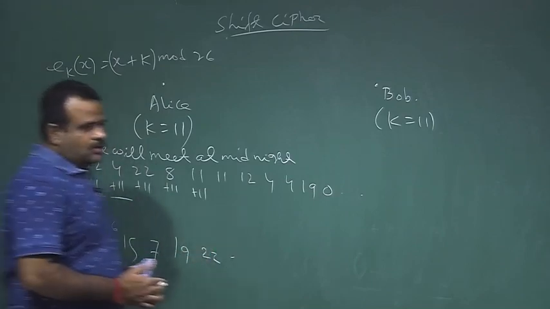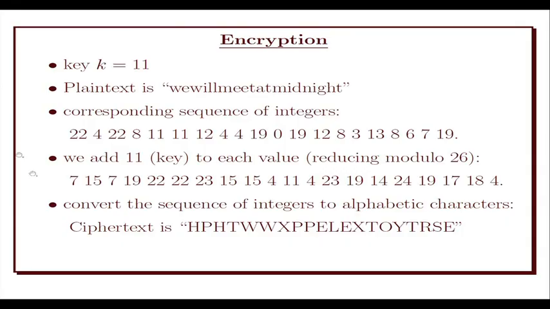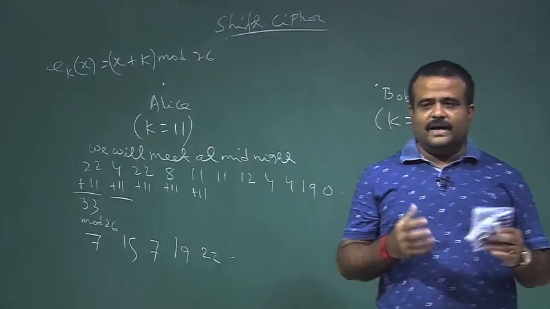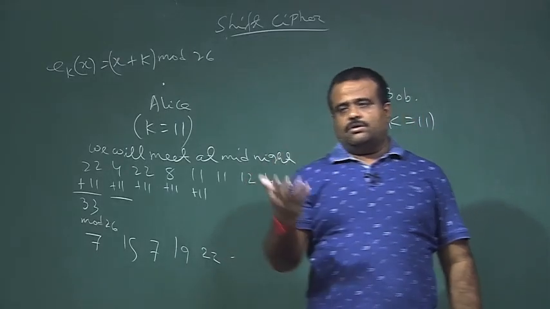So, this is the way we get the ciphertext stream. This is the ciphertext stream in integer form: 7, 15, 7, 15, 7, 19, 22, 22 like this. This comes from the plain text by adding 11, the key, and taking mod 26.